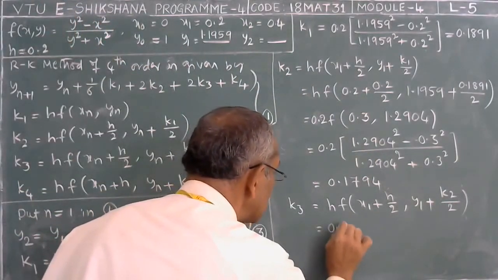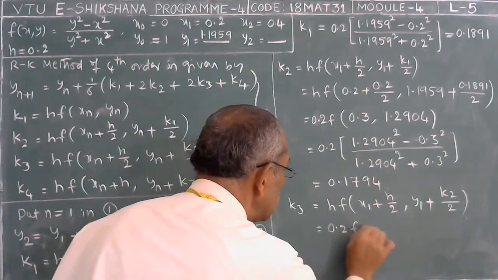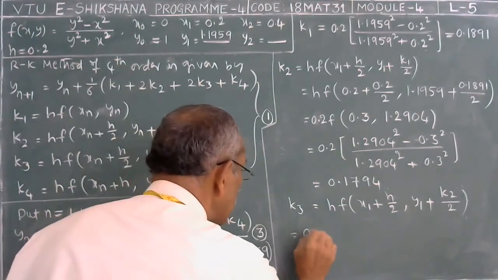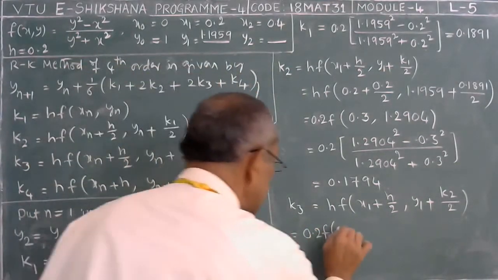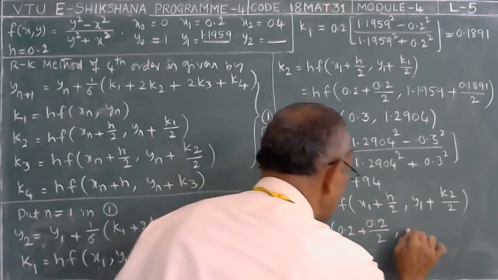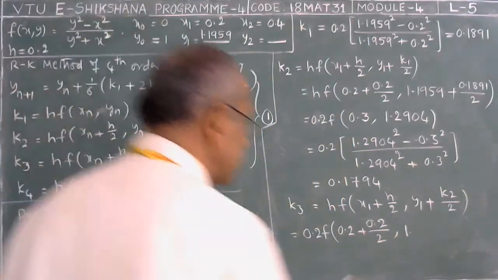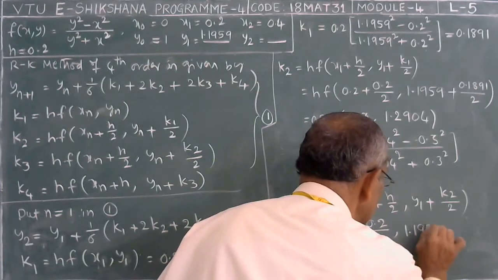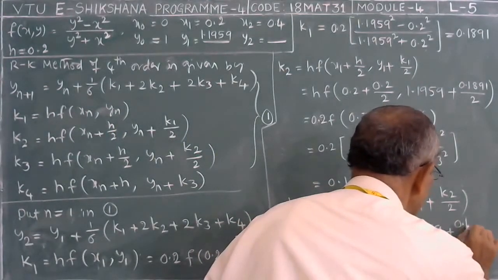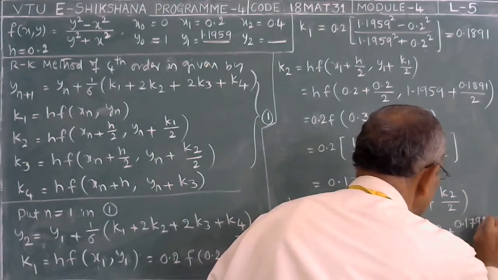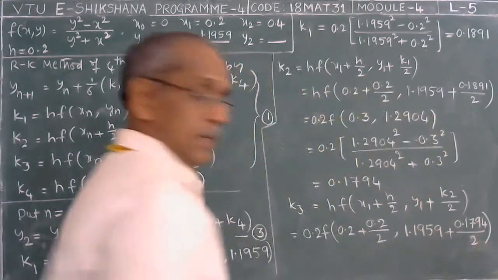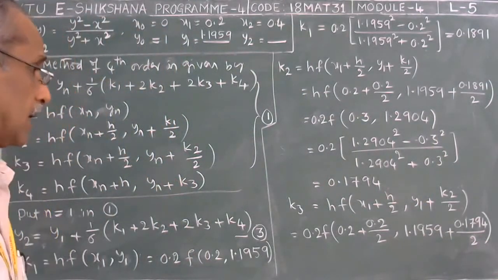So this is 0.2 into f of x1, which is 0.2, plus 0.2 divided by 2, y1 is 1.1959 plus k2 by 2. So k2 is 0.1794 divided by 2. Okay.